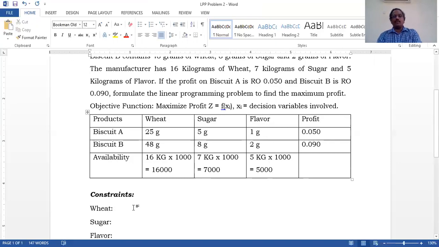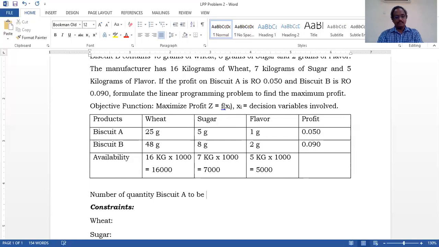So I'm going to define the decision variables. The quantity of biscuit A to be produced, I am going to consider as x1.